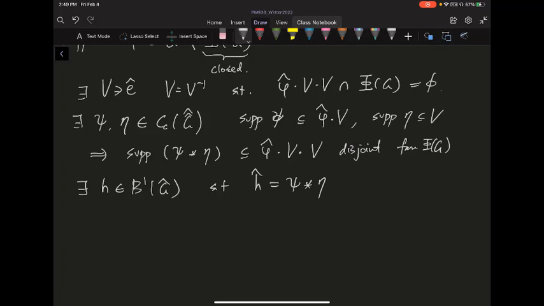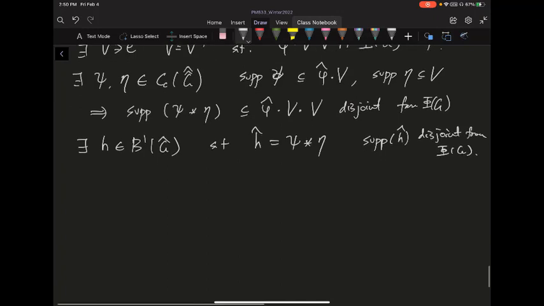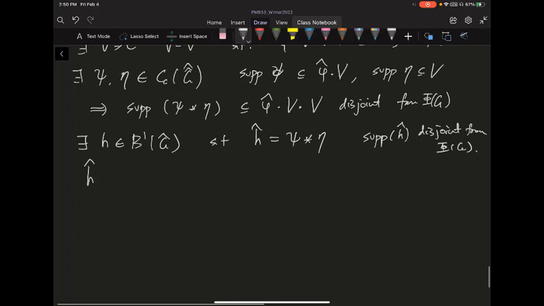Okay, and so by our choice, the support of this ĥ is going to be disjoint from the image, so disjoint from φ of G. Okay, so because of that, if I evaluate ĥ at a point, let's say x̂, because the support is not there, it's going to be equal to 0.